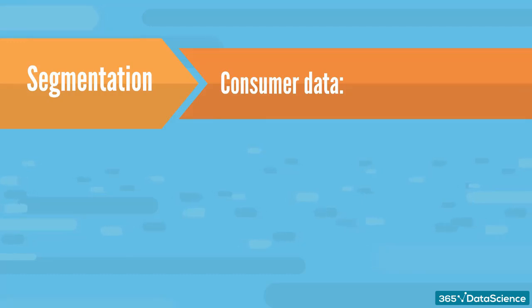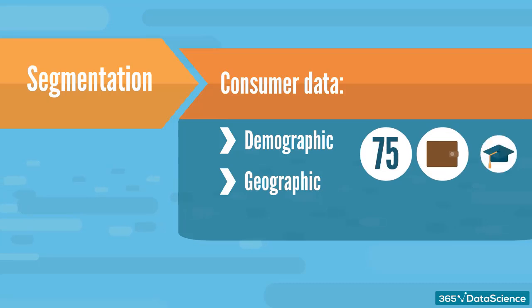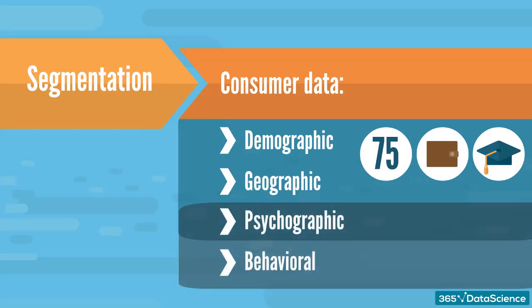Therefore, marketers rely mainly on demographic and geographic customer data: age, income, education level, and others. In other cases, marketers can use psychographic characteristics. For example, some customers have a better planned buying behavior while others are more impulsive.